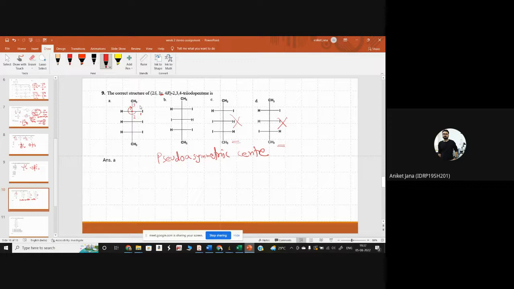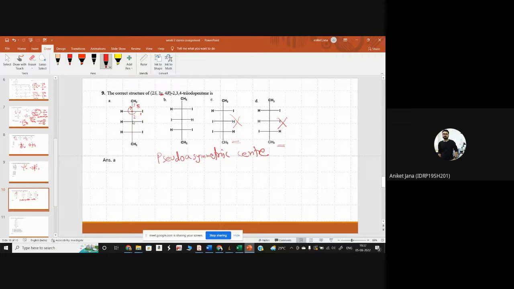And which configuration is this? S. It's R, no? Why R? The lowest priority group is in the horizontal plane. So though it is clockwise rotation, you will note it as S.